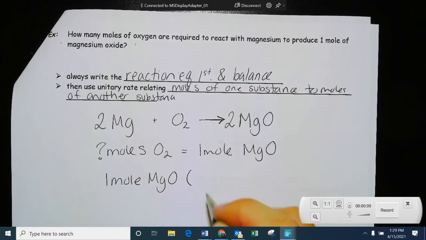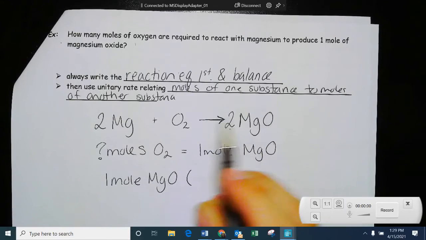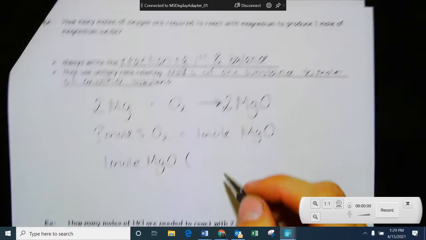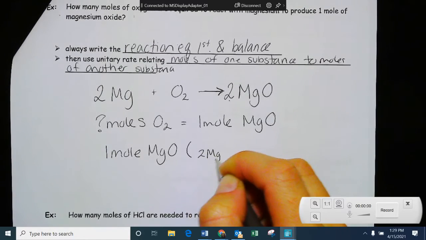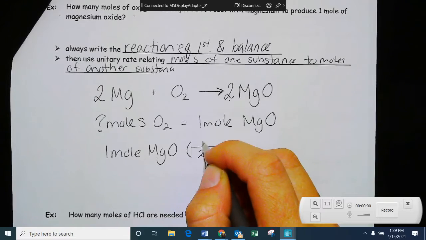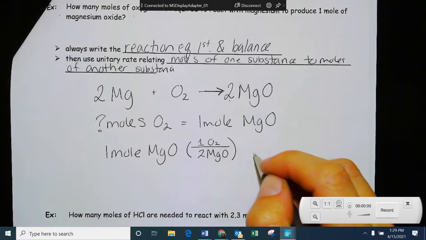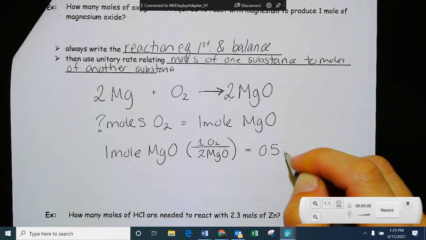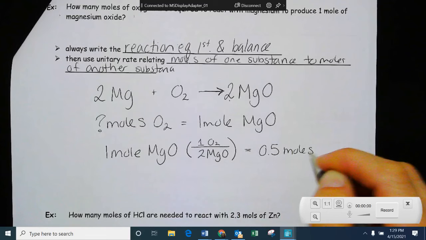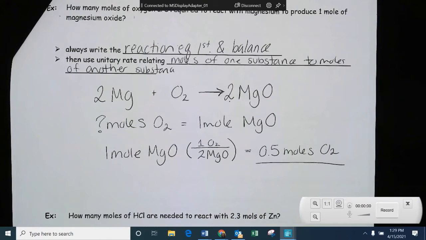And then my unit conversion rate is I've got 2 magnesium oxides for every 1 oxygen. So I've got to put my MgO on the bottom for every 1 oxygen. And what I end up with is 0.5 moles of O2. So I need 0.5 moles of O2.